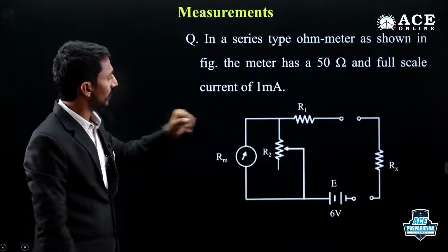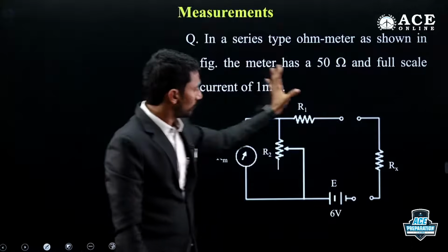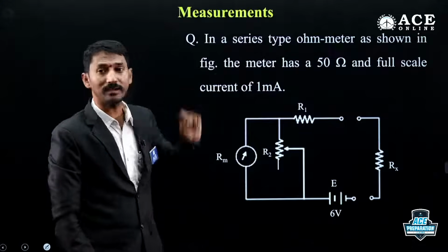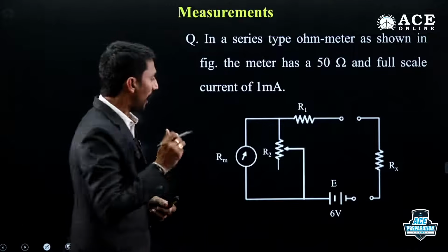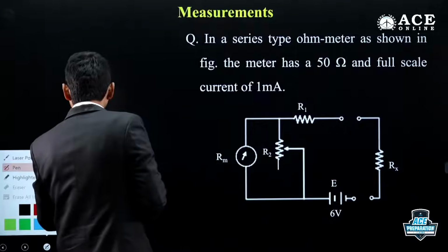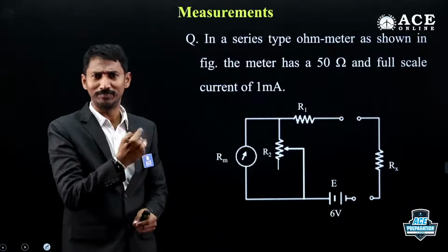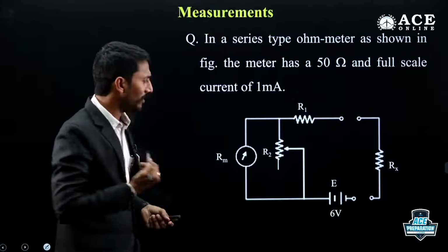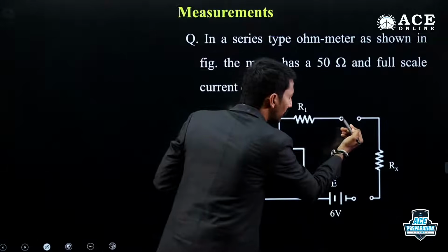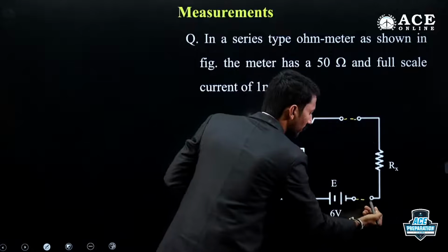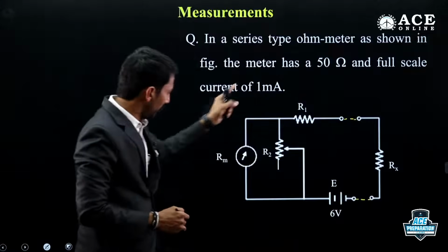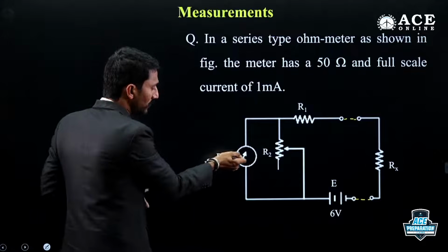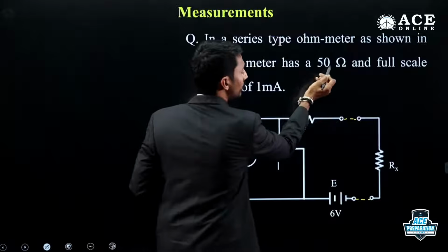Now, this is the circuit given. So this is nothing but an ohm meter. Which type of ohm meter? Series ohm meter. I hope everyone is able to recollect this one. This is the connection where we connect the corresponding Rx value, and the meter value is given as 50 ohm.